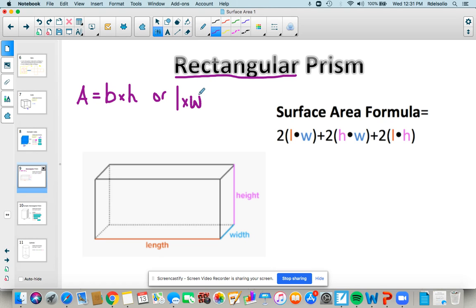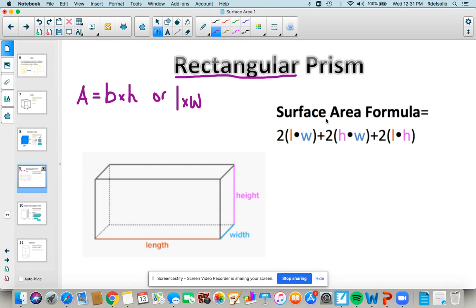If you wanted to, you could take this 3D figure apart and make its net, find the area of each face, which is a rectangle, and then add those all together, and you could get the surface area that way.